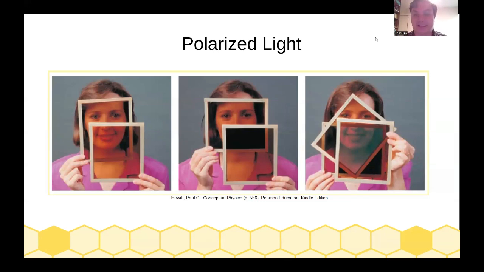This is really interesting if you think about it from a measurement perspective, where light is first measured to be polarized along the vertical axis and then is measured to be polarized along that 45-degree angle axis, and then finally is measured to be polarized along a horizontal axis.